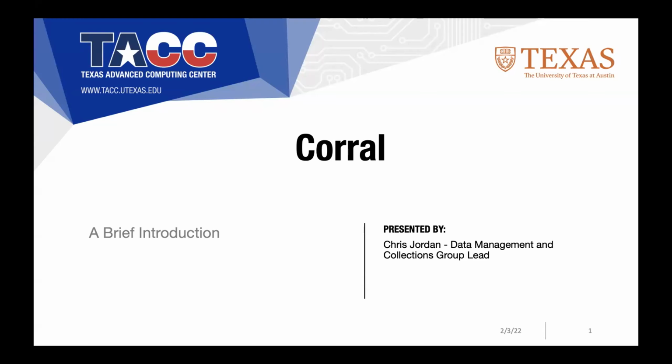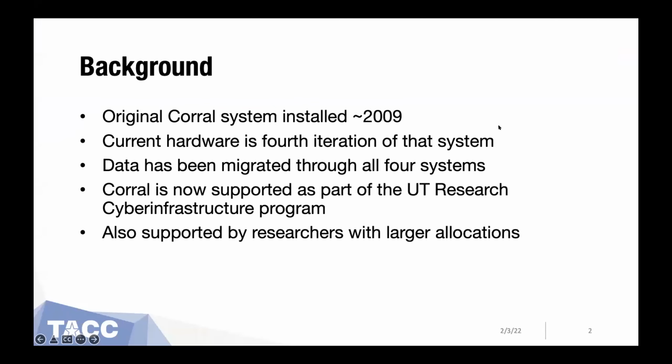I'll give just a quick overview of what it is and what the current version looks like. This current system that I'm going to talk about today is the fourth hardware version of what we call Corel, which started around 2009.